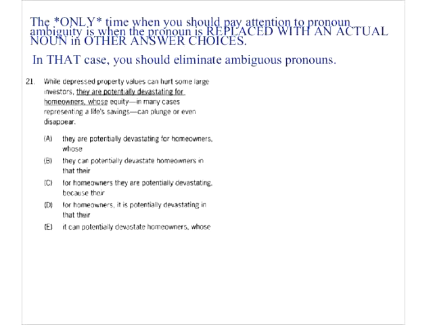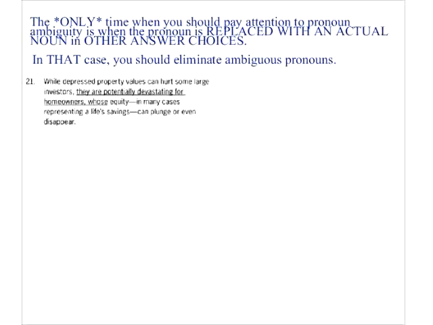The correct answer here is A, so we don't need to show you the answer choices. Notice that this correct answer contains an ambiguous pronoun. We don't know if it's technically this or if it's this. But we don't care.